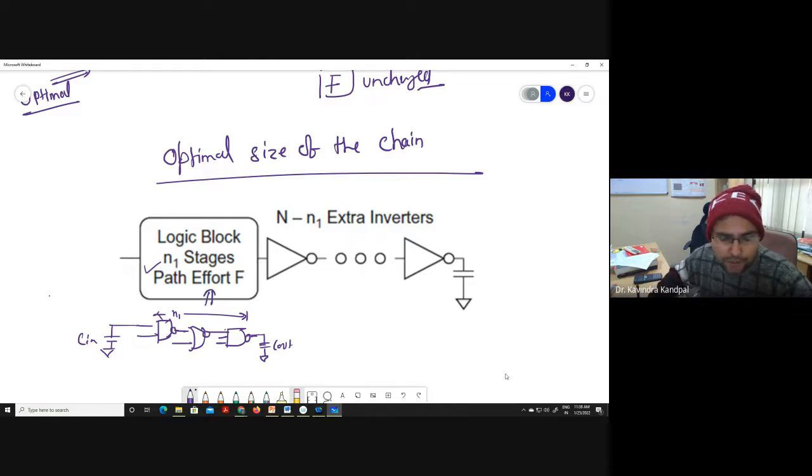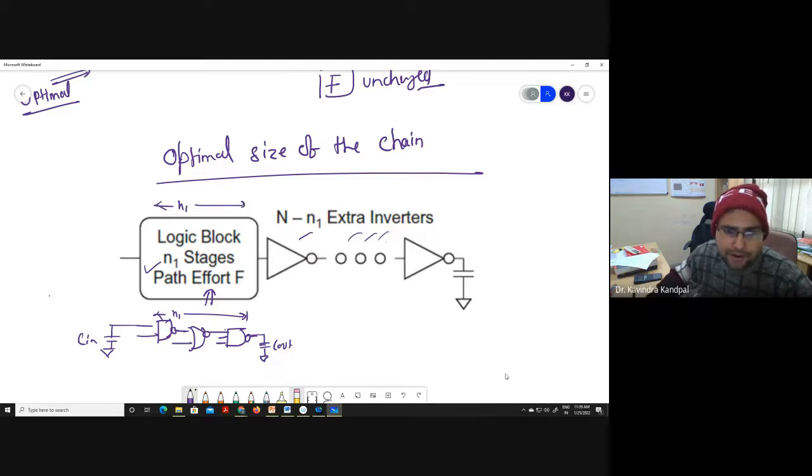But I know that I can optimize it individually. I have optimized it properly. But I'm not very sure whether this will give me the least possible delay, because I know that even if I add additional inverters, it may result in better results. So what I'm trying to see is that I do have n1 number of logic stages here, right?